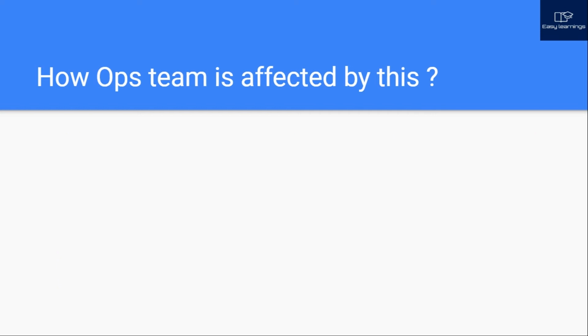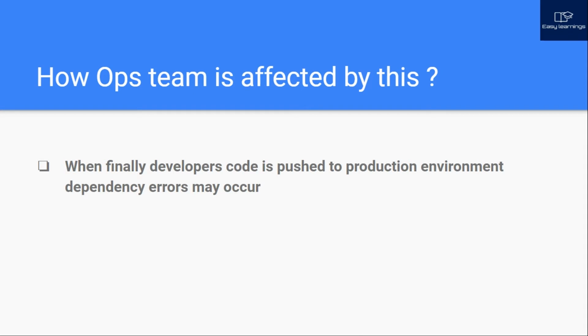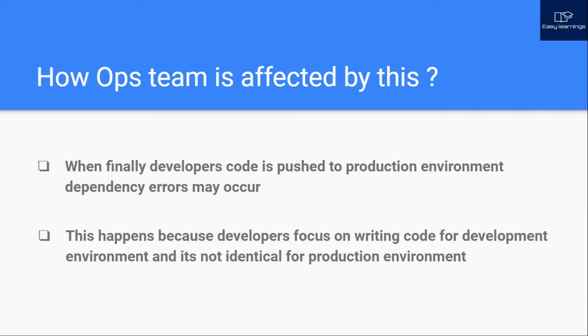So now let's see how the operations team is affected by this. When finally the developer's code is pushed to production environment, dependency errors may occur. Because developers focus on writing code for the development environment and it's not identical to the production environment. Let's take an example.